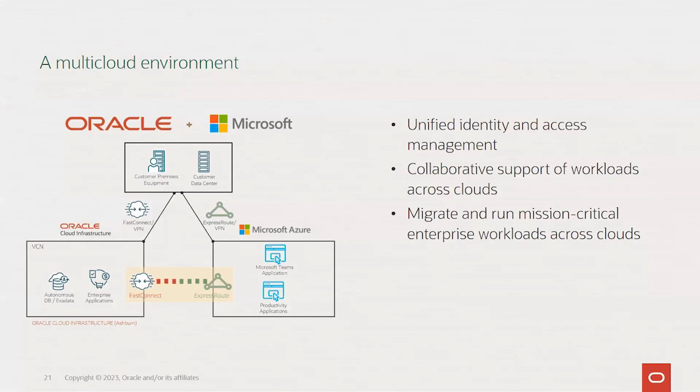And the reason for that is if you're going to be doing this with a federated user, so you're able to go back and forth from one to the other, or you can use your productivity tools in a virtual machine on OCI, or you can use an application in Azure that then goes and uses the autonomous database in Oracle. These are things you can do, but to do that, you want to make sure you have the right connectivity.